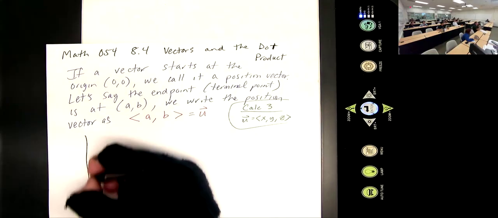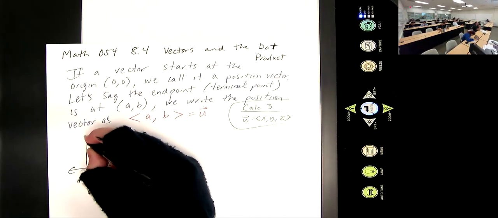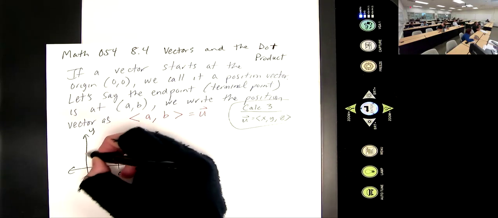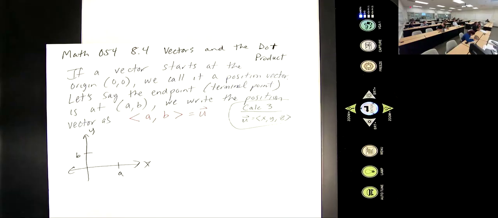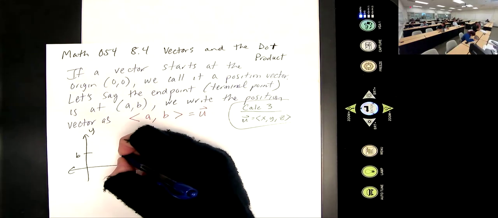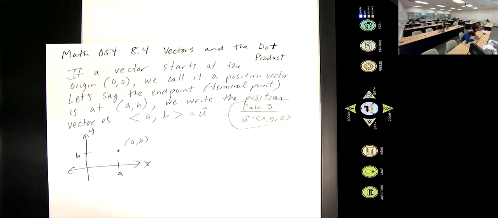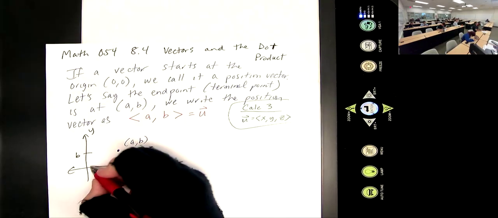So, pictorially, what are we talking about here? Got a point here at A, B, and my U vector.